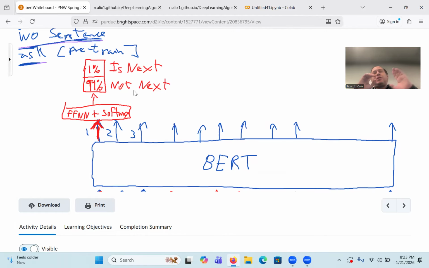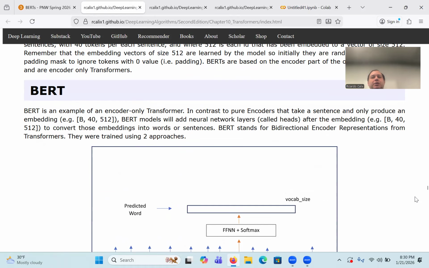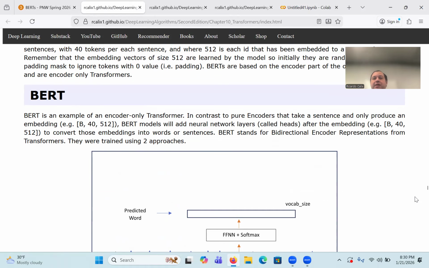Okay, but I do have a little bit down here. Encoder-only models. So here we have the BERT types of models, and here's BERT. BERT is an example of an encoder-only transformer, in contrast to pure encoders that take a sentence and only produce an embedding.